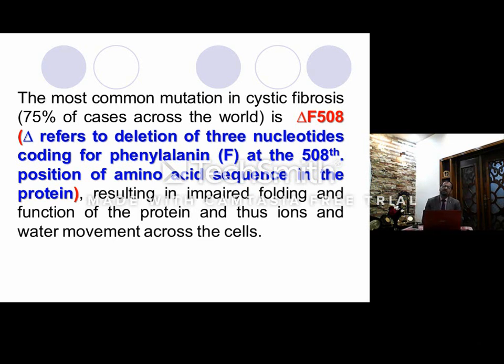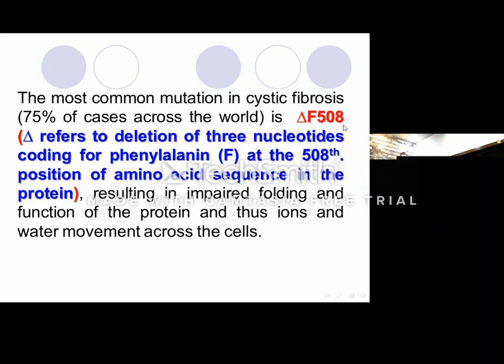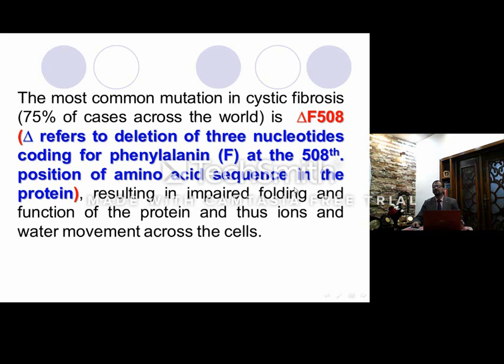Now a mutation happens in the gene so that there is a loss of 3 nucleotides, I mean one codon, because every codon codes for one particular amino acid. So there will be a loss of 3 nucleotides in the gene, which is reflected as loss of phenylalanine from position 508. So it's only the loss of one amino acid, but this can lead to impaired and defective folding of this protein and loss of its function.